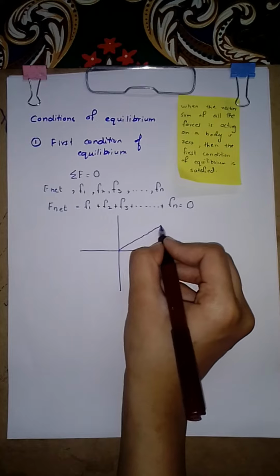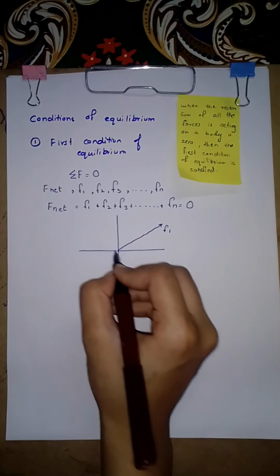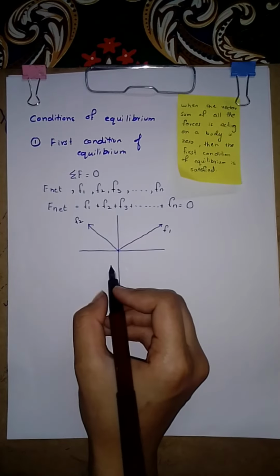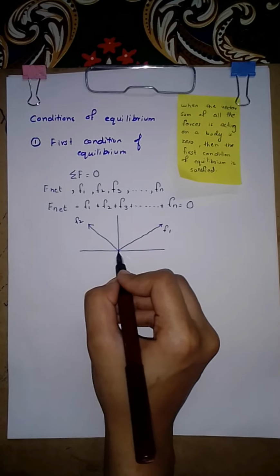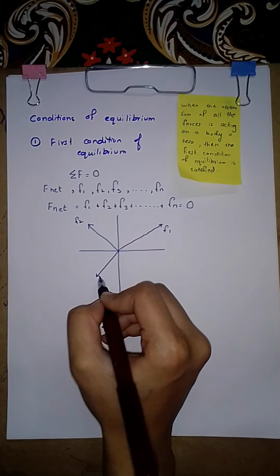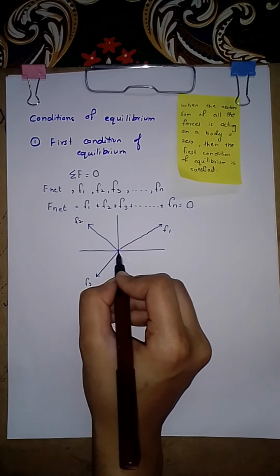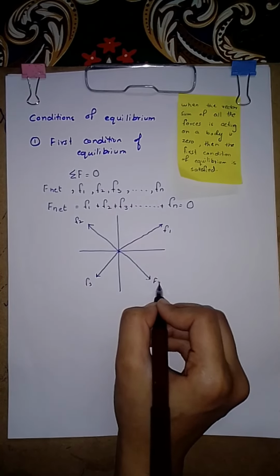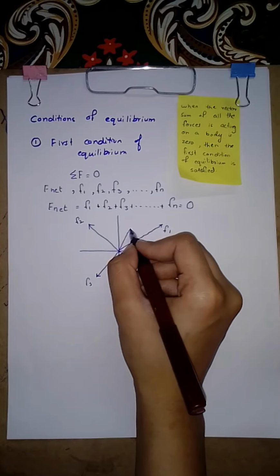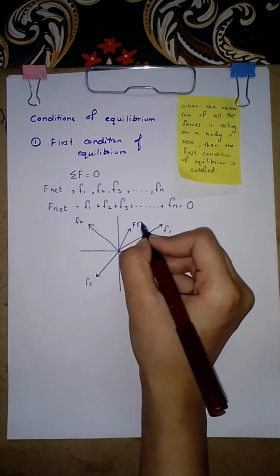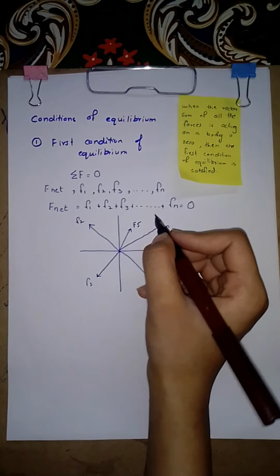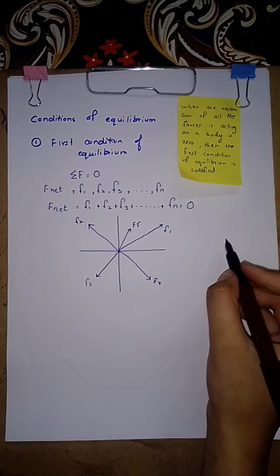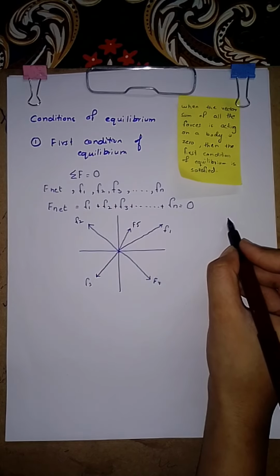Like this is force F1, then this is force F2, then F3 is in this plane, and F4 is in this plane, and F5 is in this plane. We have to add all these forces and prove their resultant.